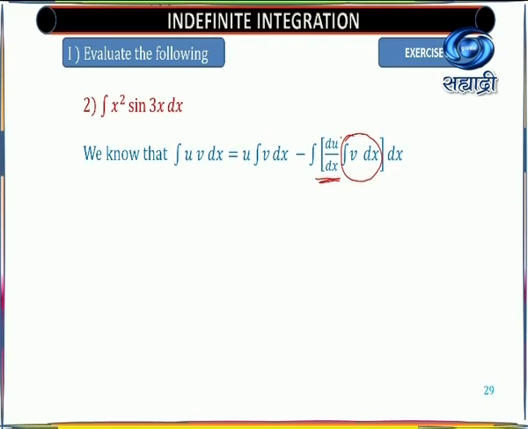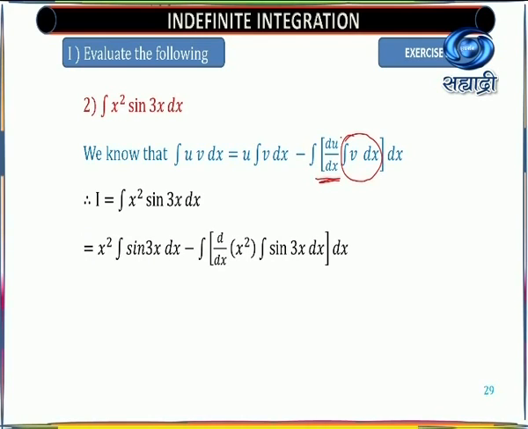So here we need to select now our u function and v function. Sometimes you are able to judge the function and write which one is u and which one is v, but normally we'll use our LIATE form. Accordingly we'll select our functions, one function x square and the other function. First function means u, another function is v.